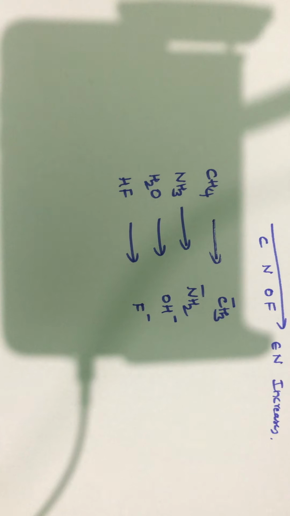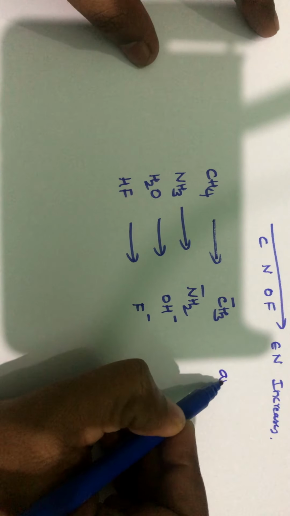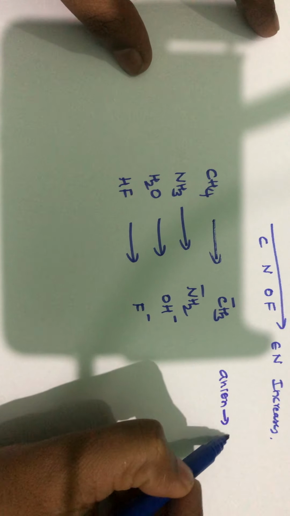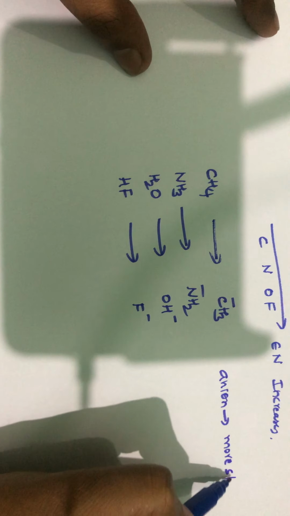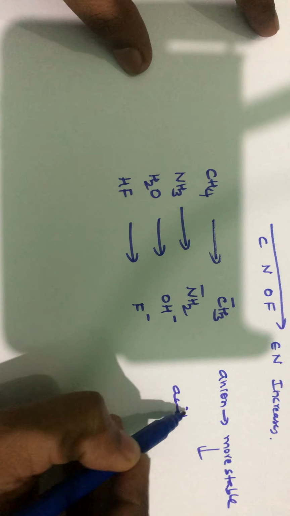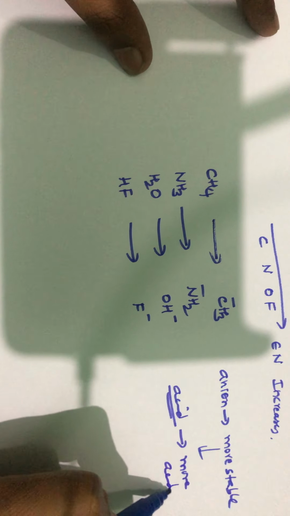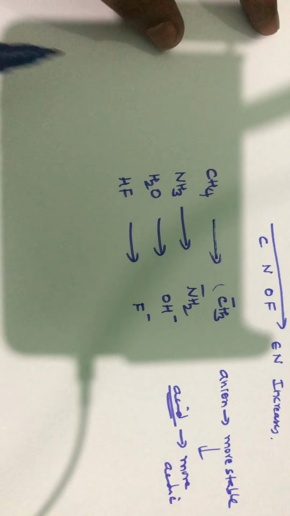So if the anion formed is more stable, then the given acid will be more acidic. So the stability of the anion will decide.